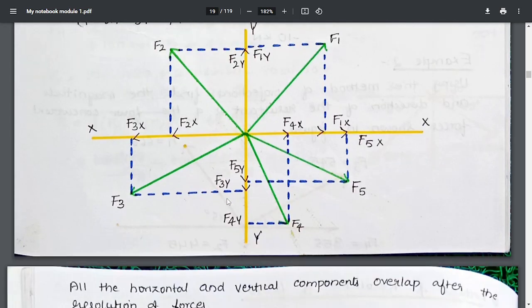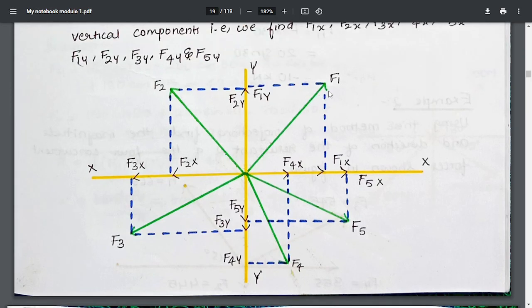So in this case, if you look at this diagram, here we have forces F1, F2, F3, F4, F5. We have five forces and it is looking something like this, and we can resolve F1 into F1x and F1y, F2 into F2y and F2x, F3 into F3x and F3y, F4 into F4y and F4x, and F5 into F5x and F5y.